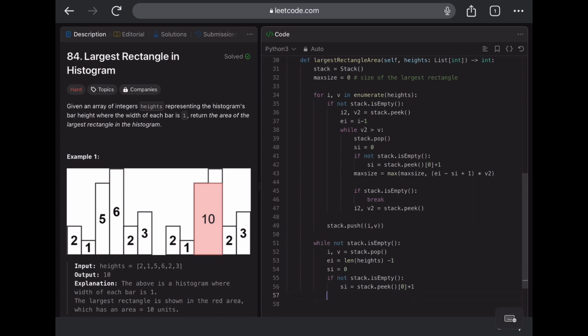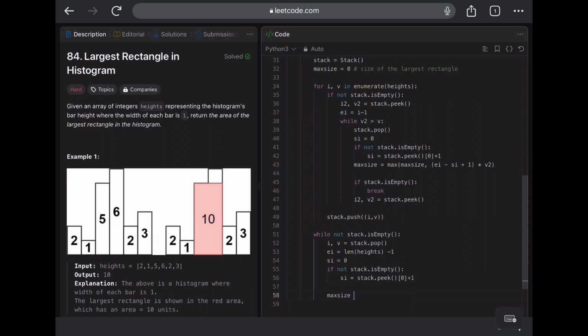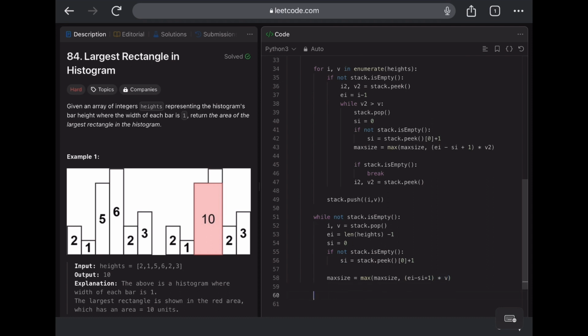Okay, and then the same thing for calculation of the area, which is max of max size comma ei minus si plus 1 times height, which is v. Now we have emptied the stack as well, and whatever is the value stored in max size is going to be our result.